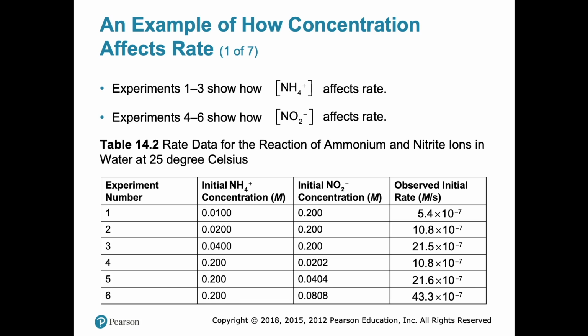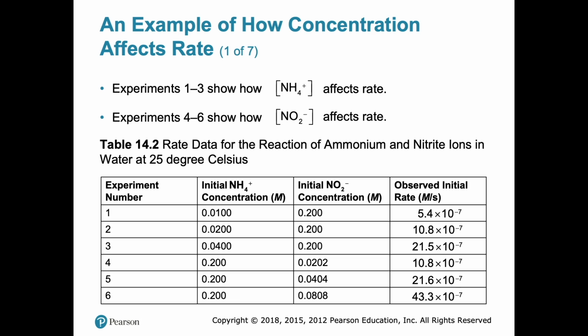And I want you to see what's going on here. When I double the concentration of ammonia and not the nitrite, the rate actually doubles. I start out with around 5, I get to around 10, and I get to around 20. The rate doubles. But then when I change over to where I'm keeping ammonia the same and doubling the concentration of nitrite, the same thing happens again.